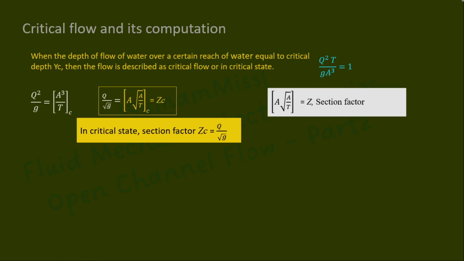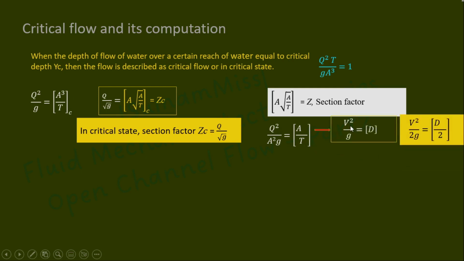When the flow is critical, if you know the discharge, then we can calculate Zc and correspondingly calculate the critical flow depth. So that is the advantage. Similarly, we can represent this expression as Q square by A square G equal to A by T. Q square by A square is replaced by V square, so this equation turns into V square by G equal to D, where D is the hydraulic mean depth represented by A by T. Dividing the LHS and RHS by 2, this equation becomes V square by 2G equal to D by 2.